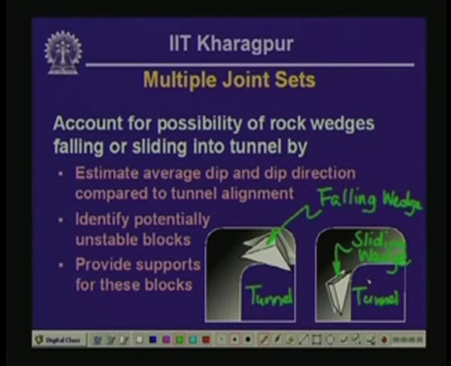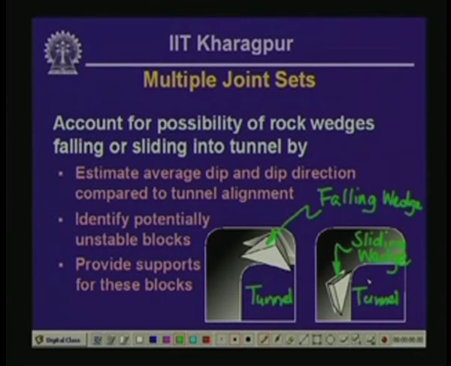Now, here you have to consider the orientation, average depth and dip direction of all the different joint sets that are going to generate a possible sliding or falling wedge, and then from that, using the concept of Mohr Coulomb stability, you are going to assess whether a particular joint is going to behave in an unstable manner or it is going to remain inherently stable.